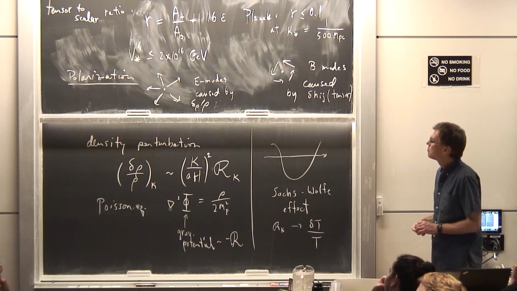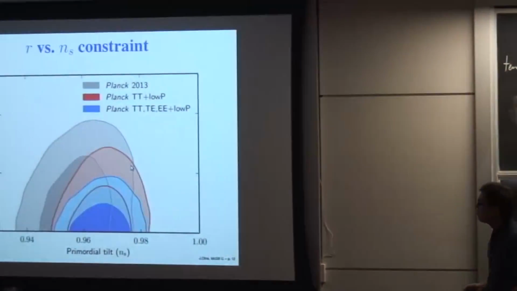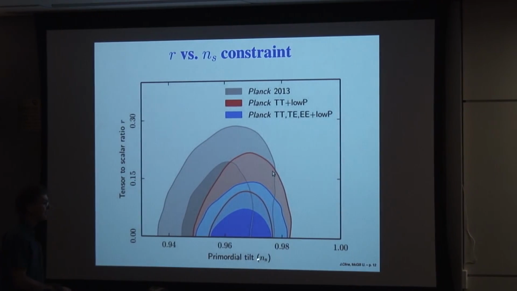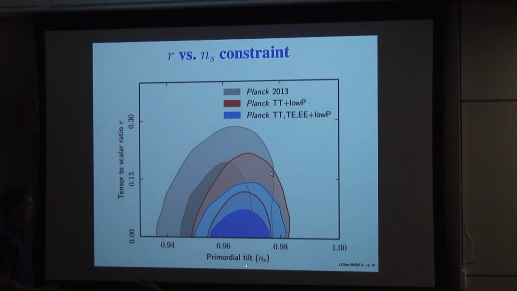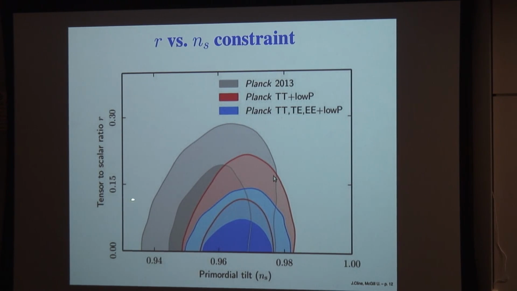So this is the nice result that no doubt you've seen many times before, that's combining constraints on the spectral tilt versus the tensor to scalar ratio. And here is the central value that I quoted for n_s, and around here is the 0.1 limit.